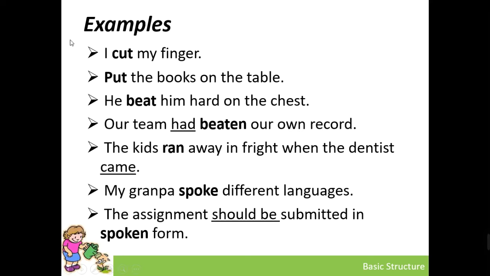And then let's see the second example. "Put the books on the table." Here the verb put is in the initial position of the sentence, meaning that this sentence is a command or an order. Put the books on the table.